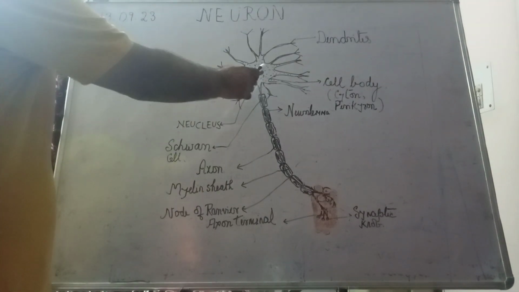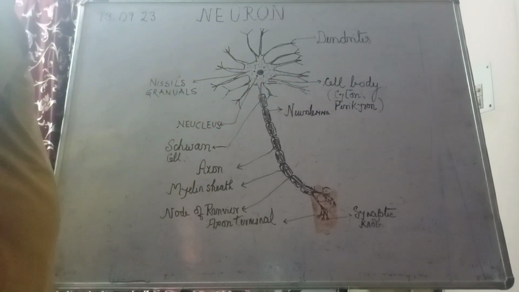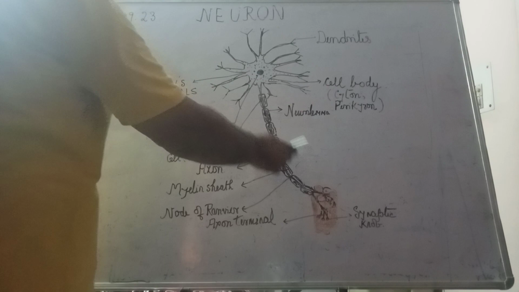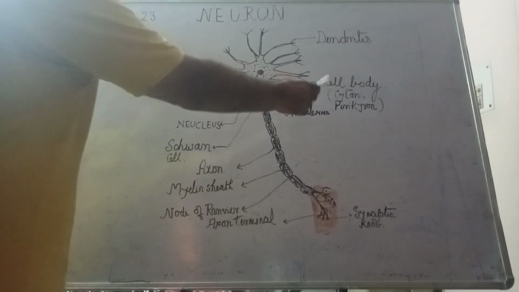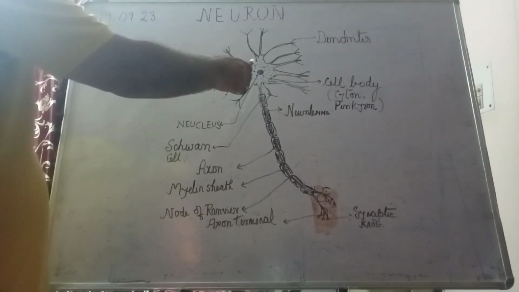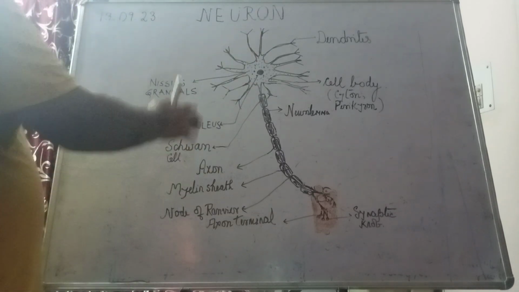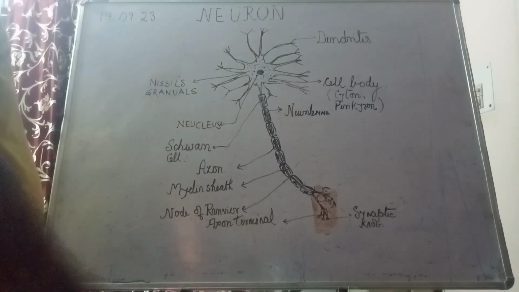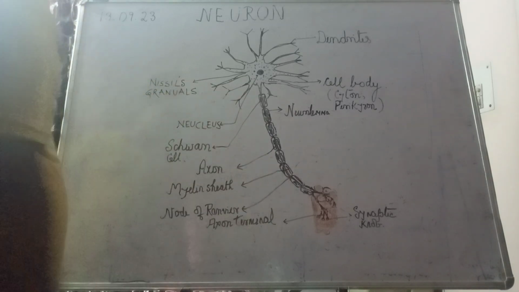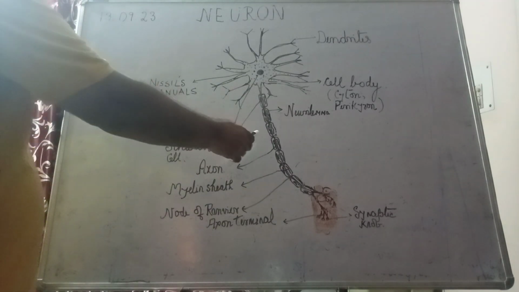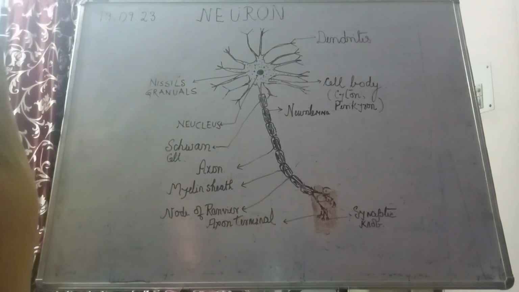Head is cyton or the cell body. The cell body is also known as perikaryon, also known as cyton. So, cyton or cell body with the dendrites forming the head region, and this is the tail part, the tail region, the long nerve fiber, which is the axon.